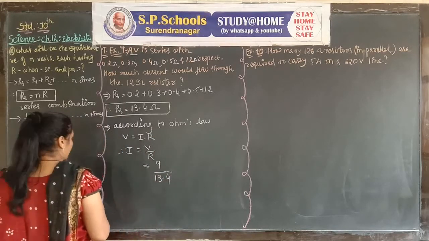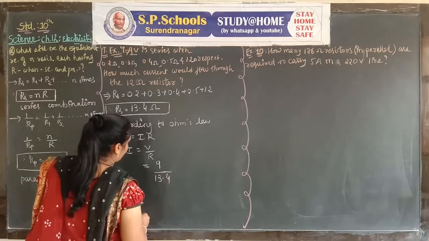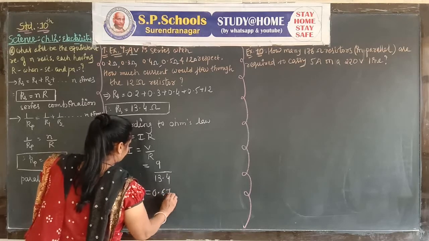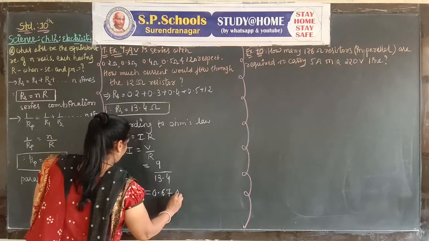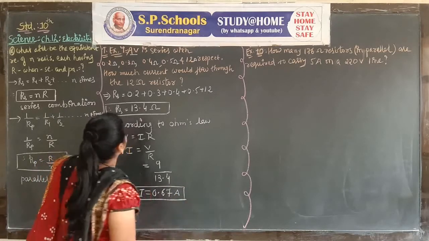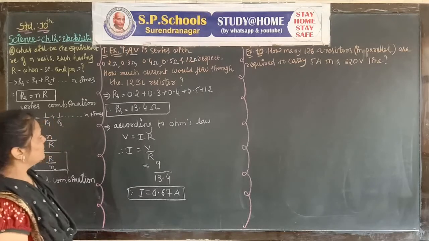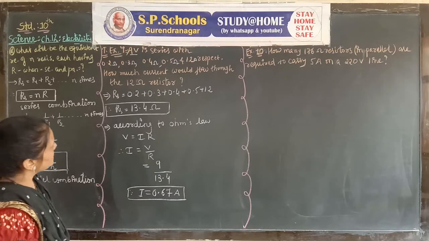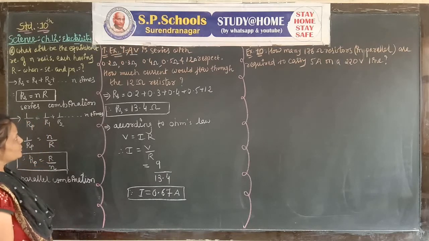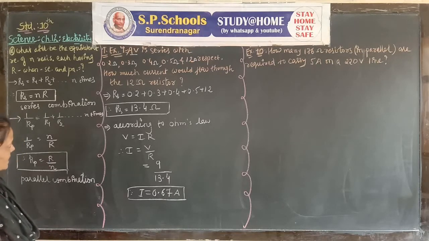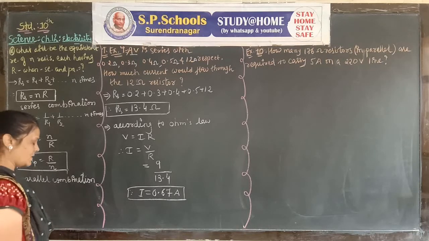When we calculate 9 divided by 13.4, it will be something like 0.67 ampere. So the battery of 9 volt connected in series with 0.2, 0.3, 0.4, 0.5 and 12 ohm resistances respectively, the current that will flow is 0.67 ampere.